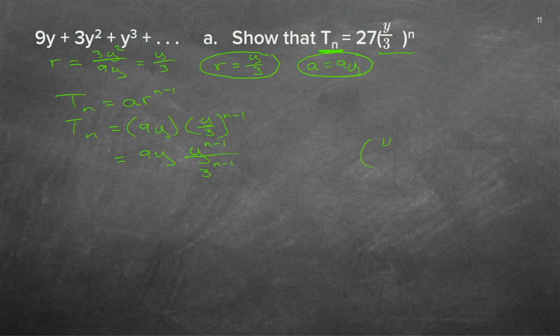They've got y over 3 to the power of n. That is the same as y to the n over 3 to the n. So do you agree with me? This first part of your fraction, maybe we should put it in a bracket, it does mean multiply. The first part of your fraction should stay there, but not the other part. So I need to split up my exponents. Again, it goes back to exponent laws.